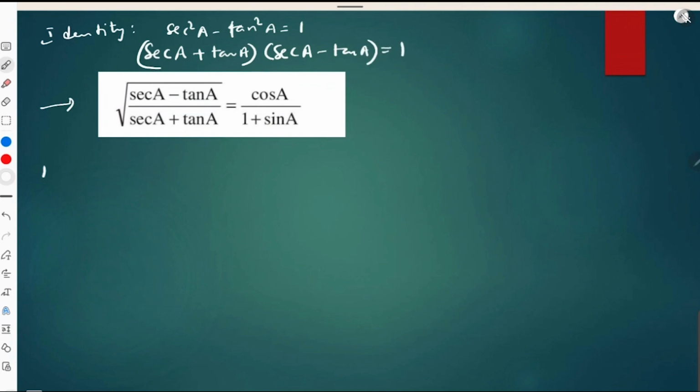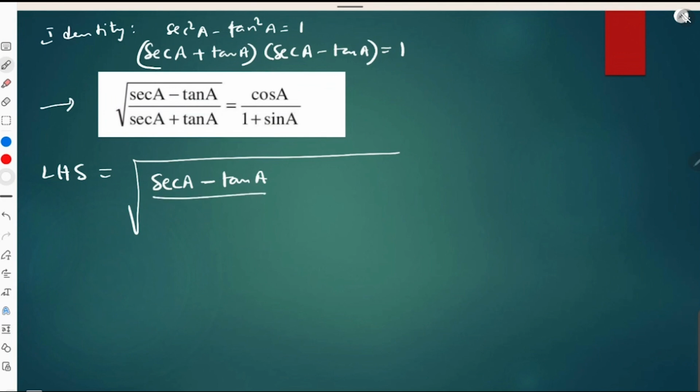So in the LHS part, inside the square root, secant A minus tan A by secant A plus tan A. Here we have in the numerator one term and in the denominator two terms.